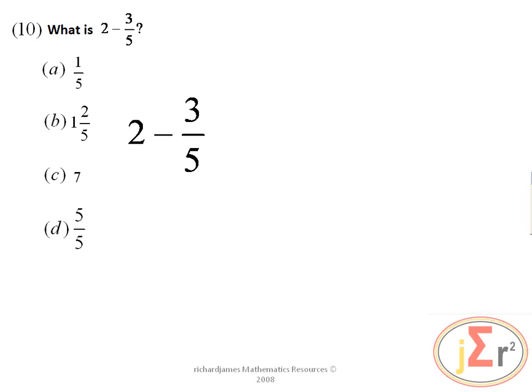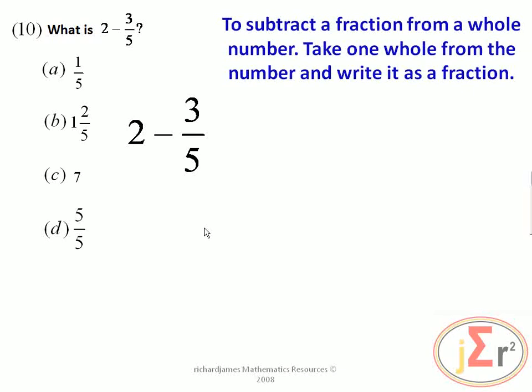Now, what we will do here is use another method in solving this problem. We will take this whole number. How many wholes do we have? 2. Right. To subtract a fraction from a whole number, take one whole from the number and write it as a fraction.